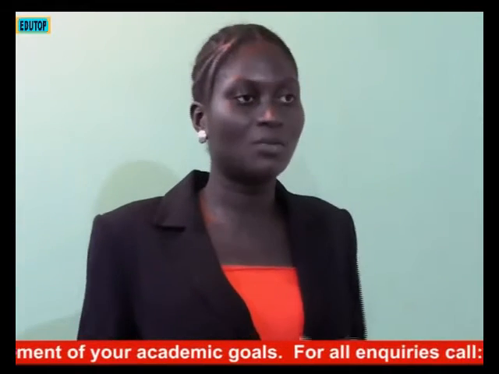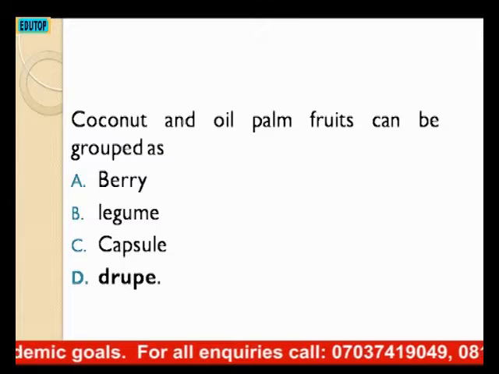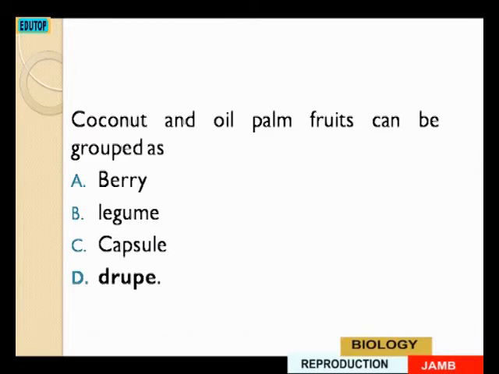So the next question: coconut and oil palm fruits can be grouped as this particular question or this group of questions. You have to just know it, like examples of fruits that are grouped into various groups.